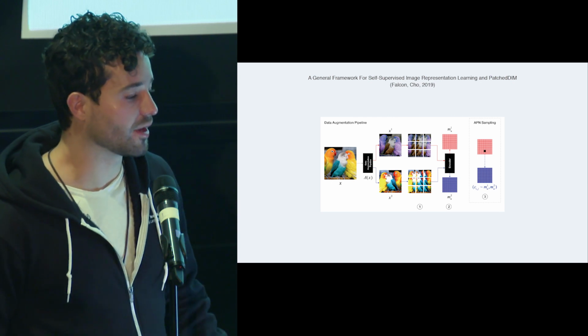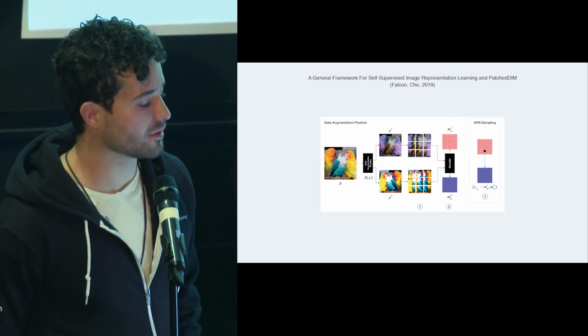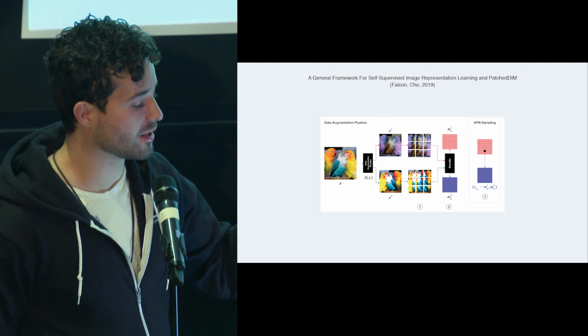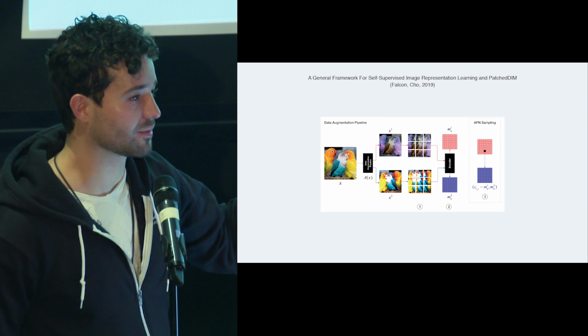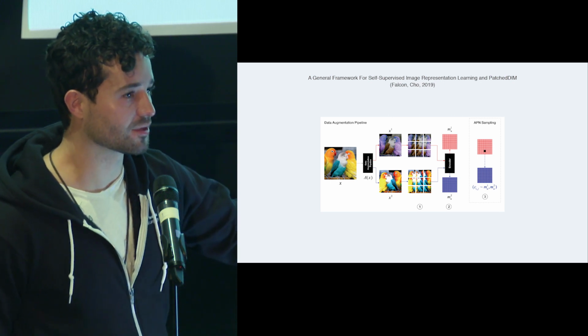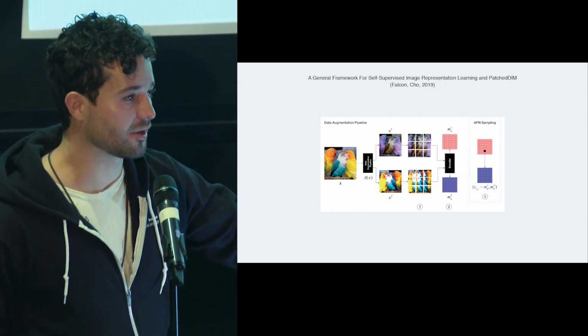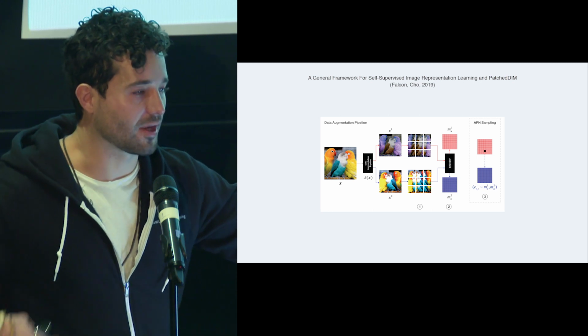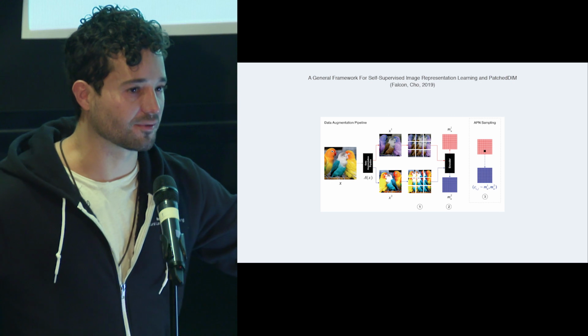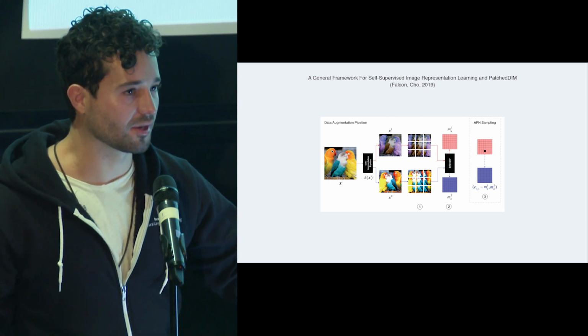So main takeaway is, in a batch, you have a single image. You assume that image comes from a class, and you generate 2 versions of that image. You're going to calculate the similarity between those 2 and say that you want to make that high. And then for every other image in that batch, you're going to assume they're a different class, and you want to minimize that similarity.